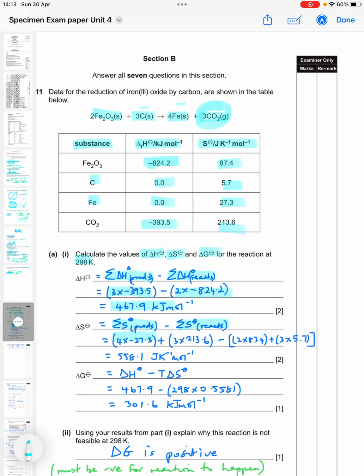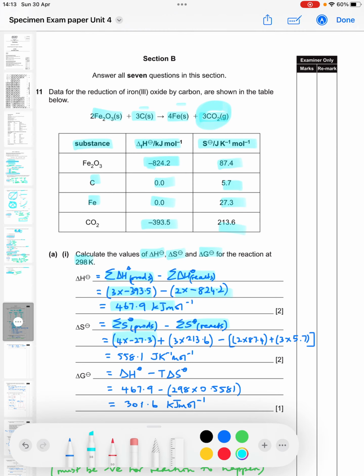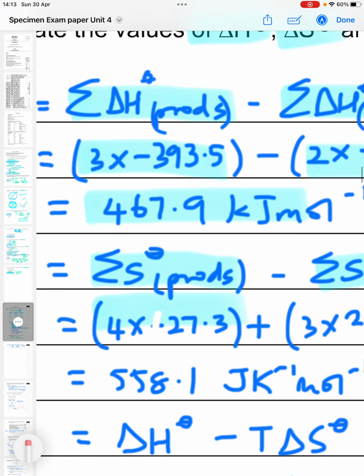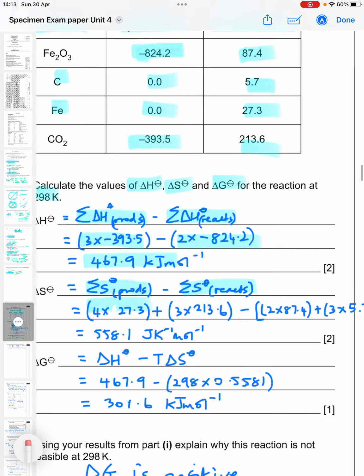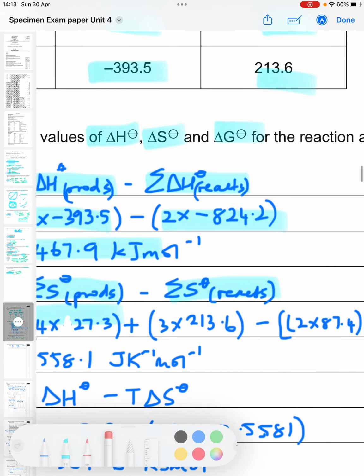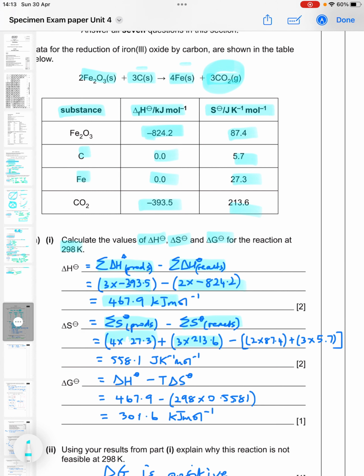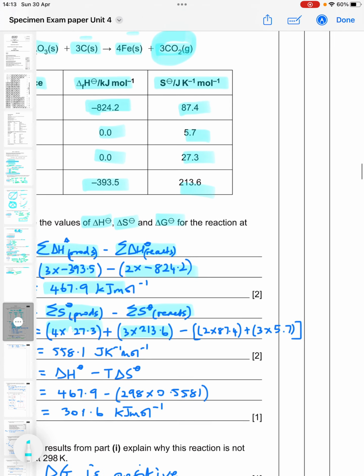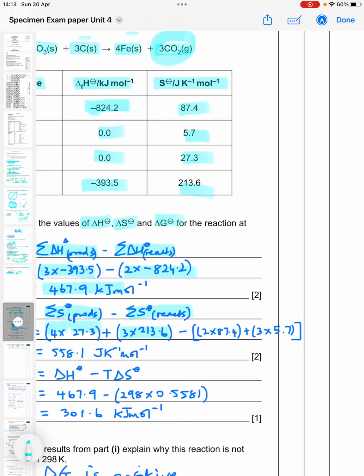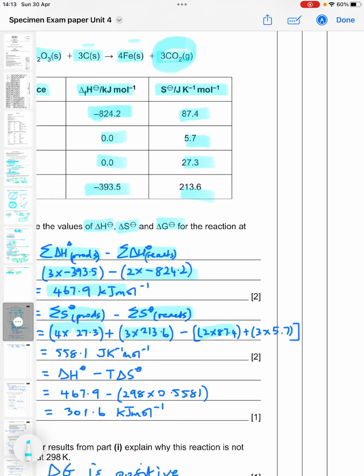So putting in the products, so iron is 4 times 27.3. Then we've got 3 times the 213.6 for the carbon dioxide, so 3 moles of carbon dioxide.